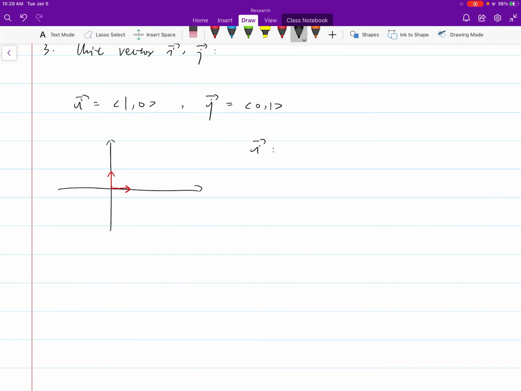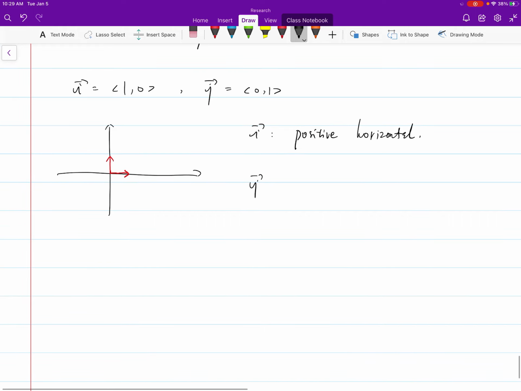The reason we care about them is because i stands for the direction of positive horizontal direction, and j stands for the positive vertical direction.